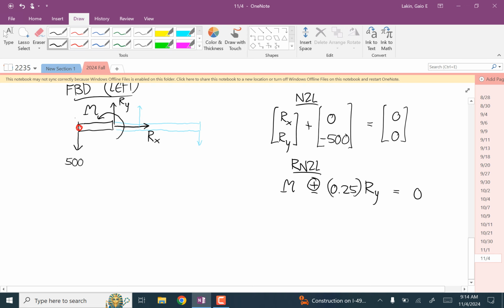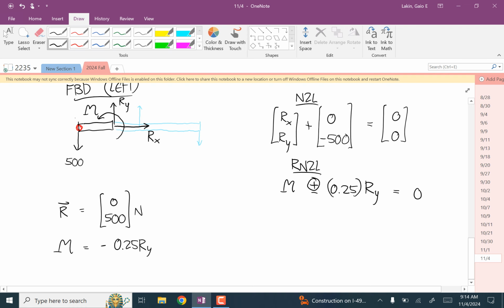And so what we get here is R is equal to 0, positive 500 newtons. And M is equal to negative 0.25 Ry.